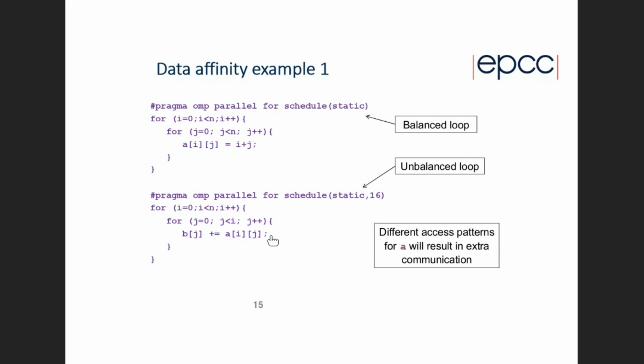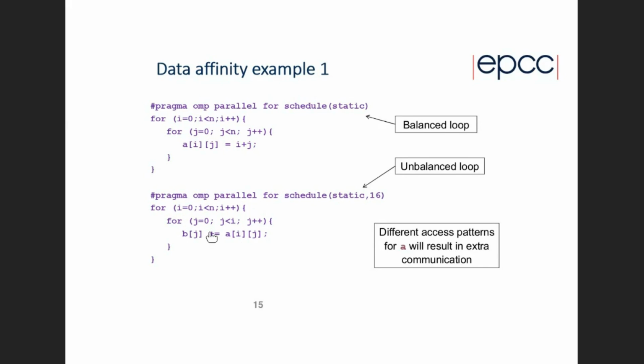I want to focus on this second loop nest first, because it has the property that the load on the parallel loop is unbalanced. Here's my OpenMP directive, which parallelizes the I loop across threads. So different threads will get different values of I to execute.